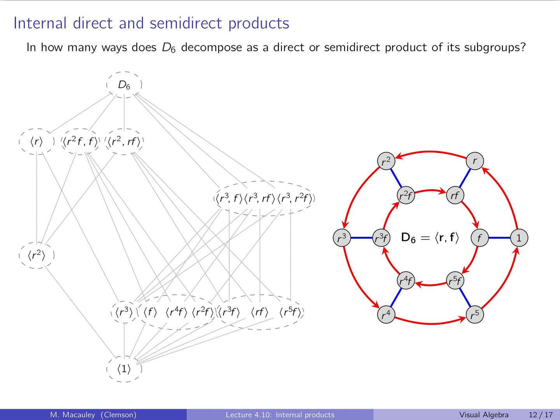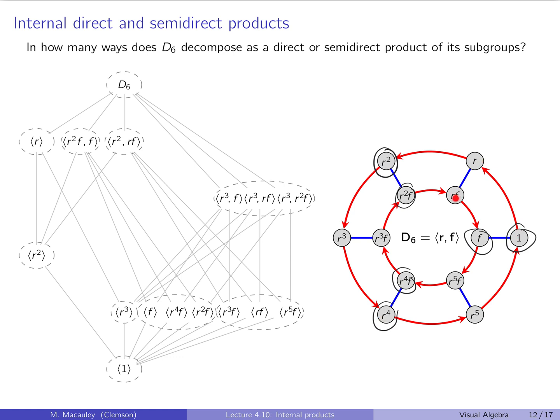If you have D3, let me highlight one of these. Let's do the one that's R squared and F. So it's these things here. So here's your normal subgroup, and RF right there.